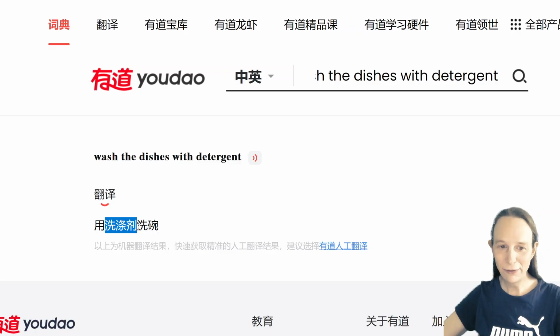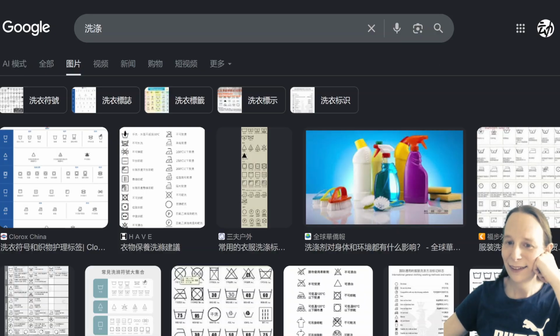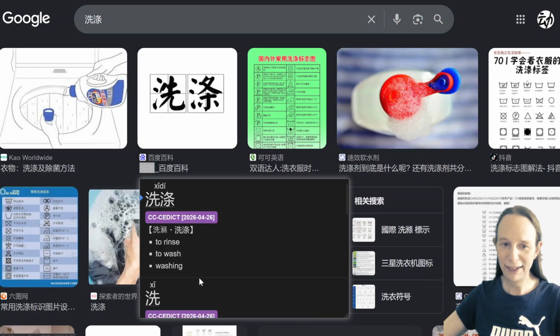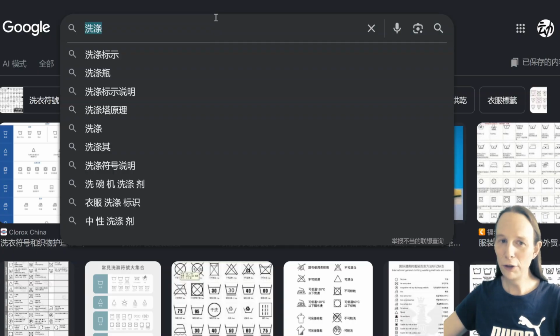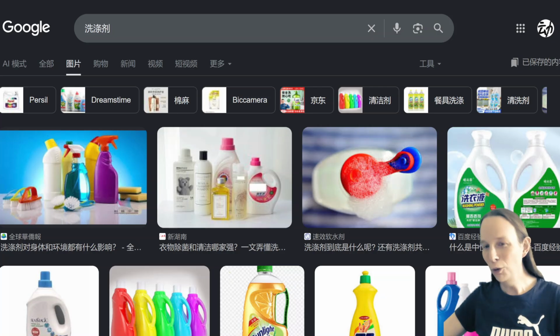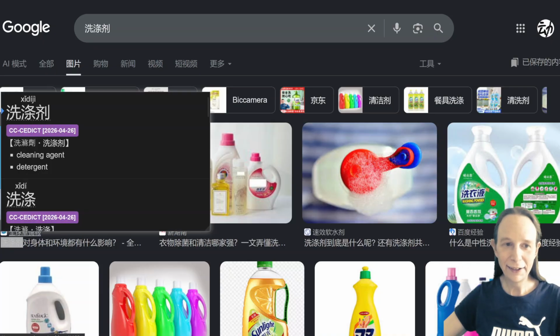So 洗涤 is the Chinese word for rinse. It can also mean wash. You can also 冲. 冲完 is more maybe rinse then. Okay, so 洗涤剂. I'll go see what I've got.